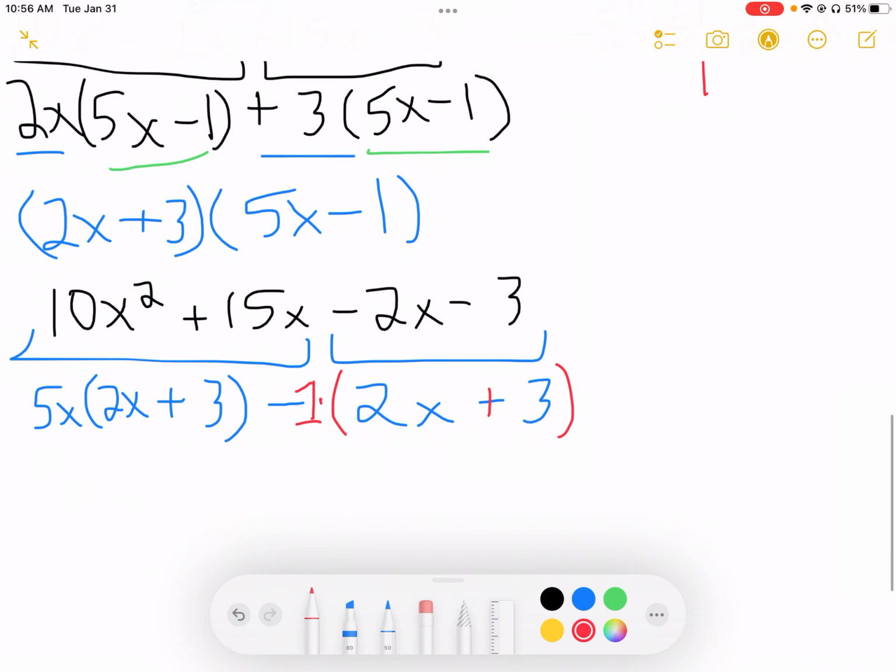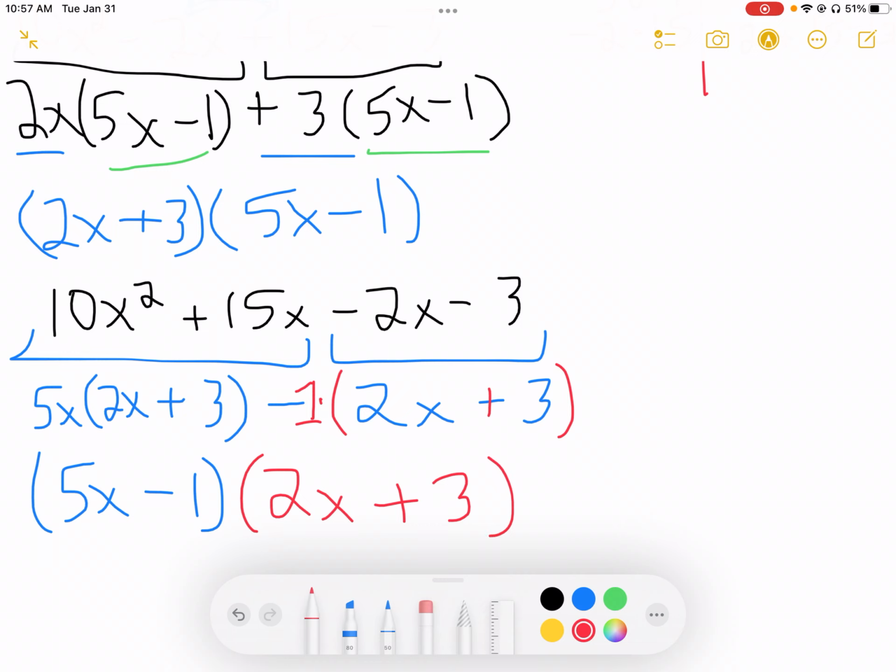So then when I write this one, I could do the exact same thing, and I'd say, okay, we have 5x minus 1 as this first parenthesis set, and then over here I have 2x plus 3. So I'd have the exact same thing that I had right up here.